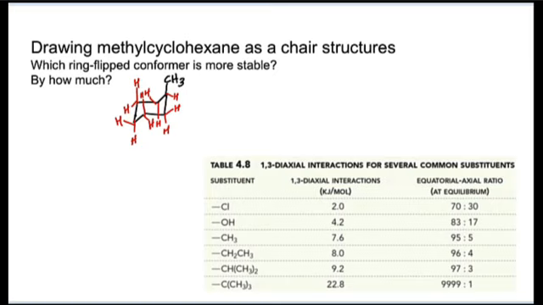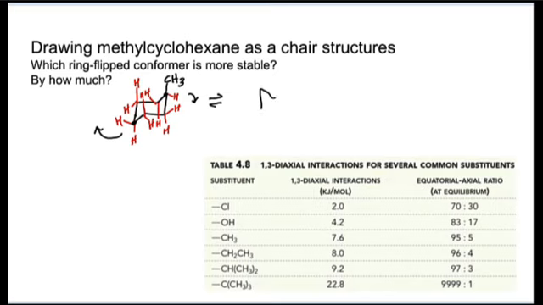And so there's this methyl group on one of the carbons, and we want to think about whether this version of the chair or the ring flipped chair is better, or are they the same? So we're going to go ahead and ring flip our structure. Remember, that means that we're taking the nose that's upward and pointing it downward, and taking the nose that's downward and pointing it upward.